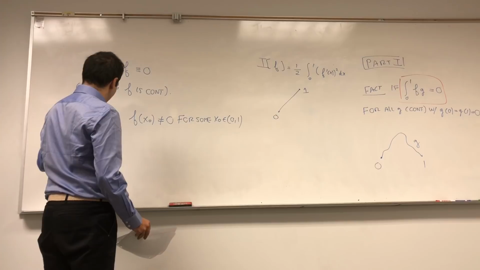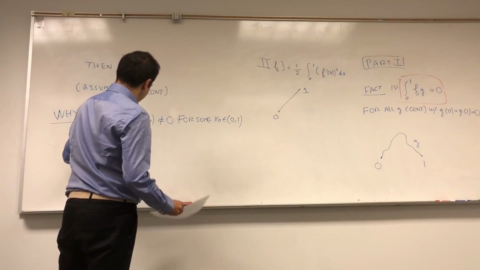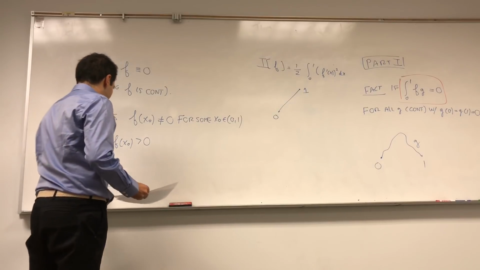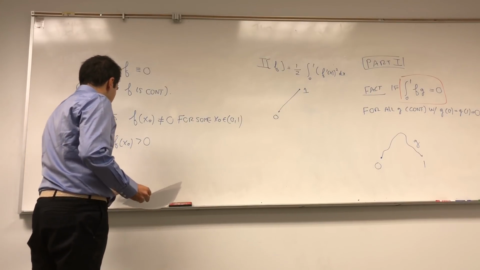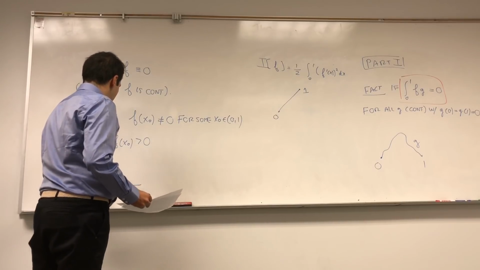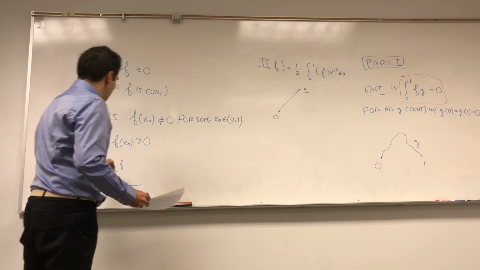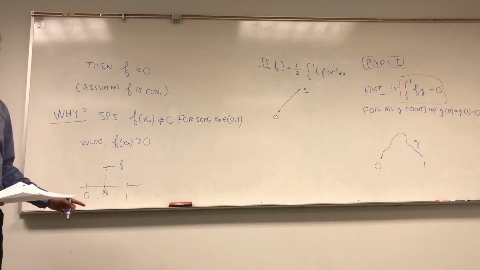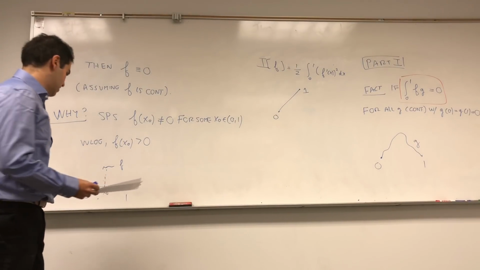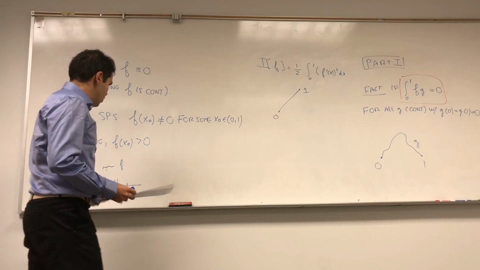Assume it's positive. So we have this function here. This is 0, this is 1, and we know f is positive here. Well, because it's continuous, f also has to be positive in a neighborhood of x naught. So maybe in a neighborhood U.